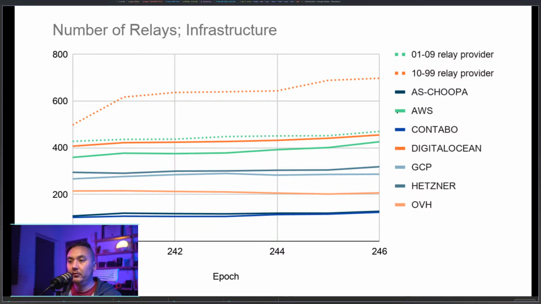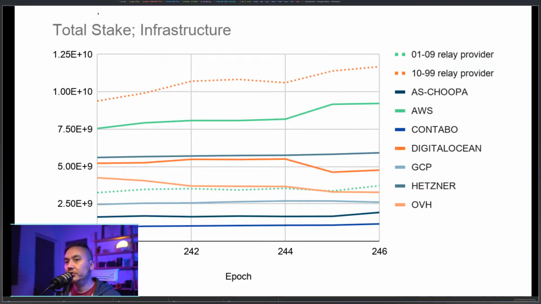AWS, right? We all recognize this bright teal line. Contabo. DigitalOcean is another big one, this orange line. Who else? Google Cloud Platform, GCP, Hetzner, and OVH. That's kind of interesting, just a raw count of relays on the different infrastructures.